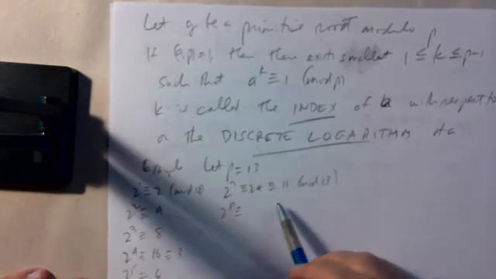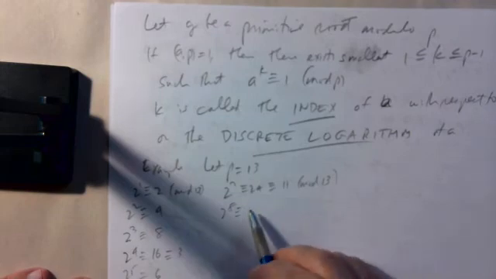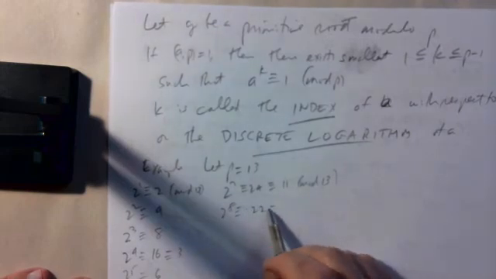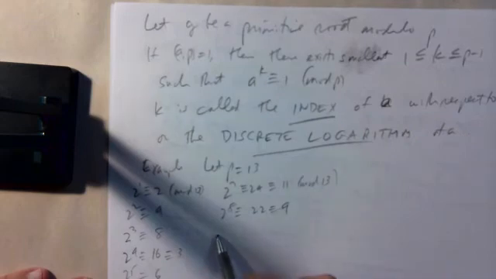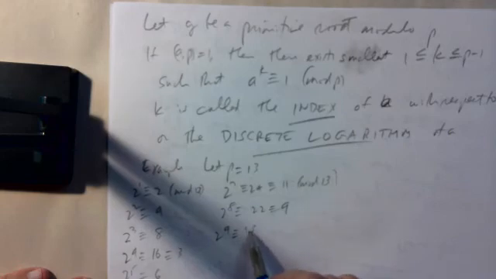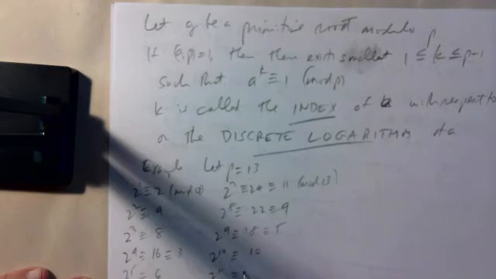2 to the eighth is 2 times 11, 22, which is 9. 2 to the ninth is 2 times 9, that's 18, which is 5. 2 to the 10th is 2 times 5, which is 10. 2 to the 11th is 2 times 10, which is 20, which is 7. 2 to the 12th is 2 times 7, which is 14, which is 1 mod 13.